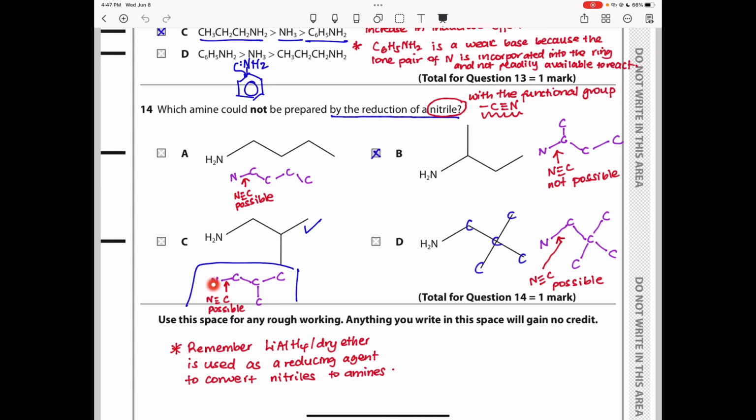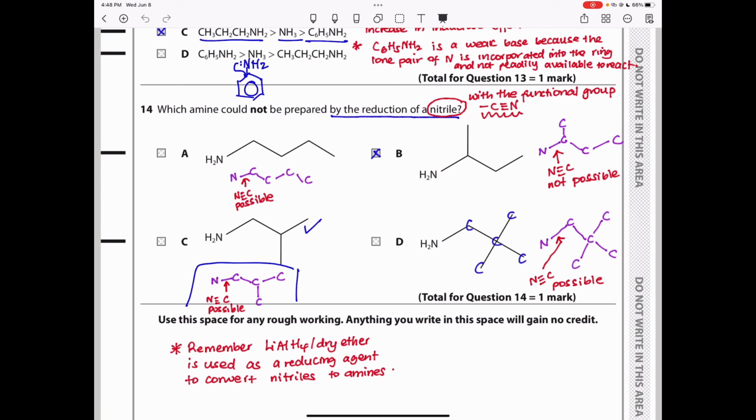This should be the nitrogen, this carbon for that carbon, and that carbon for that and that. So there must have been a triple bond here for us to produce this amine. And if you look at the bonding around carbon, it allows for 3 bonds to exist here. Therefore, when those 3 bonds are reduced in the presence of this reducing agent, we can produce this. So this is also possible.